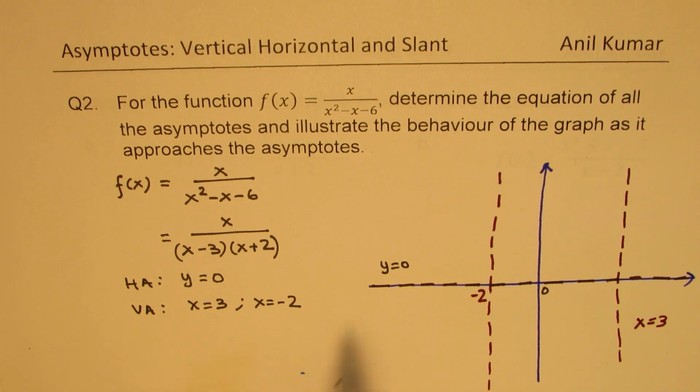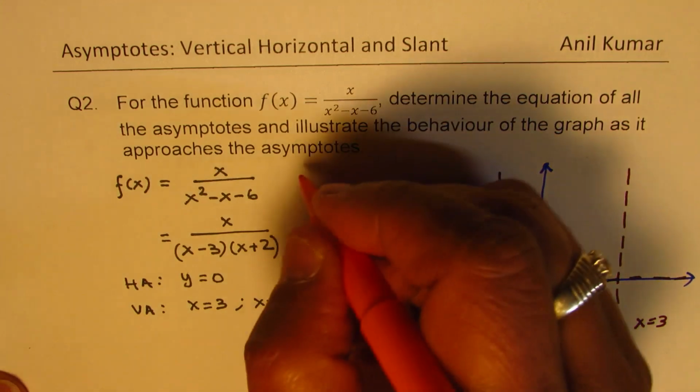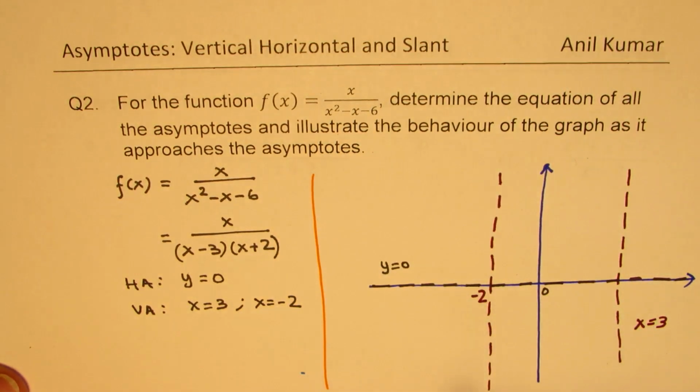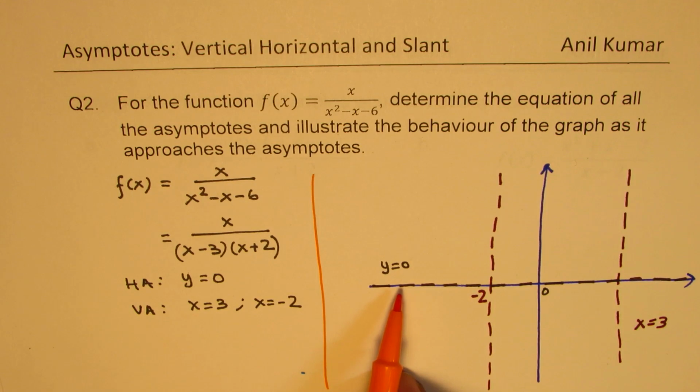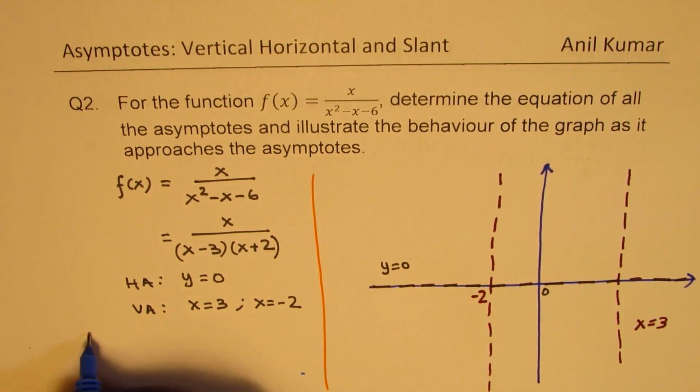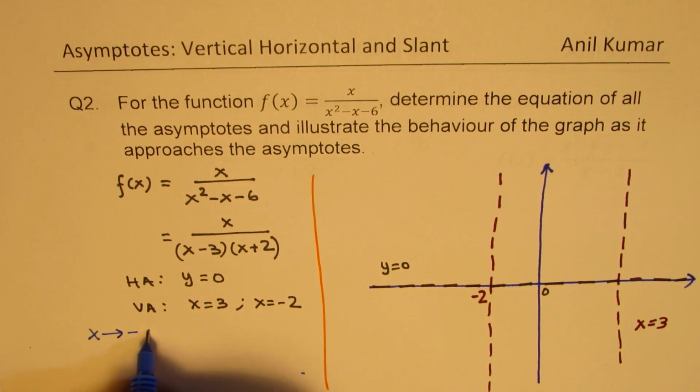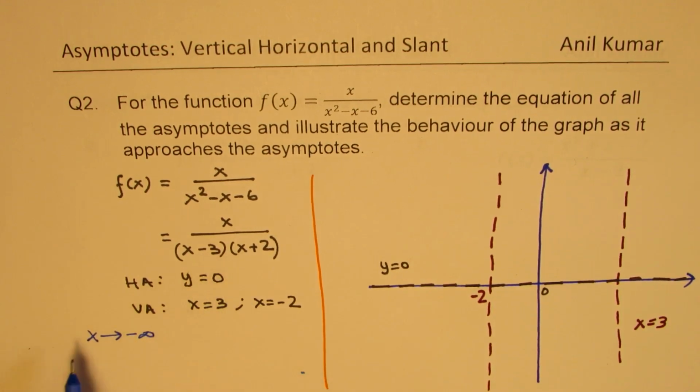Now let's see the behavior. So let's first consider behavior near the horizontal asymptote, okay? If x approaches a large negative value, in that case what happens?